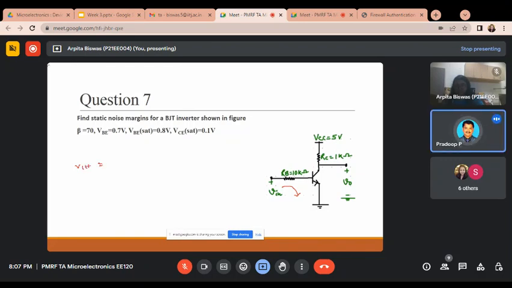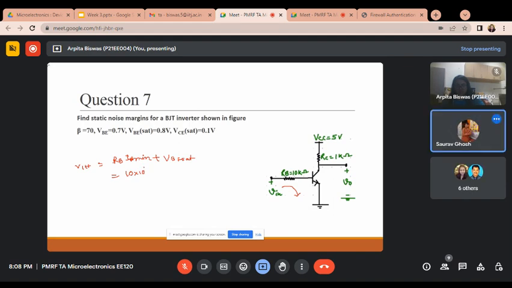VIH equal to IBRB plus VB minimum saturation, plus VBE saturation. Then what is the value of RB?